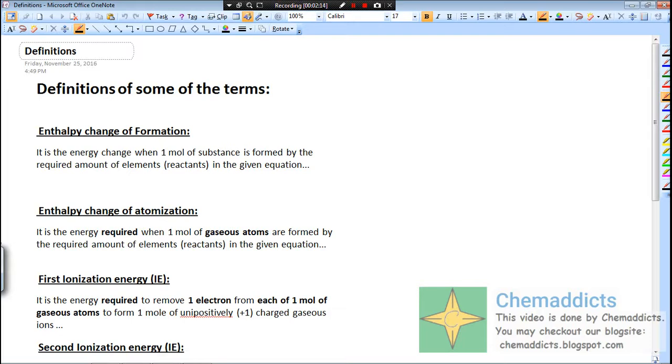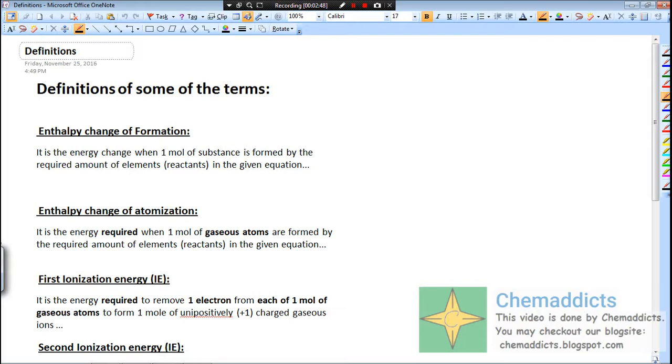Now let us recall the enthalpy change of atomization. It is the energy required when one mole of gaseous atoms is formed by the required amount of elements in the given equation.